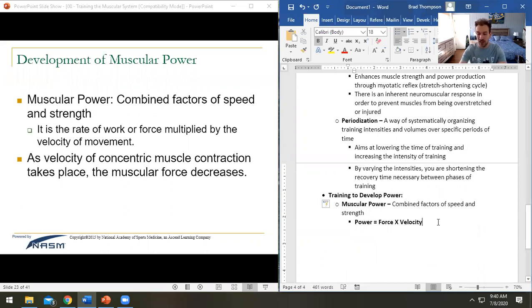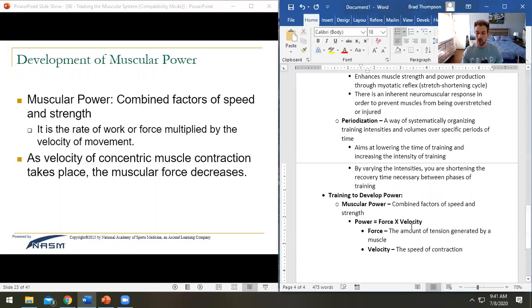Force is the amount of tension generated by a muscle, right? That is your strength. And then velocity is the speed of contraction.